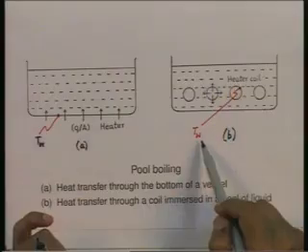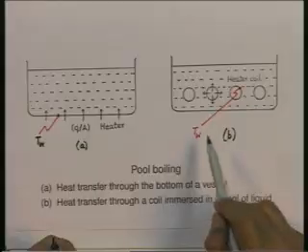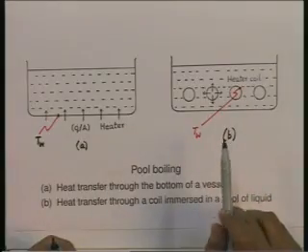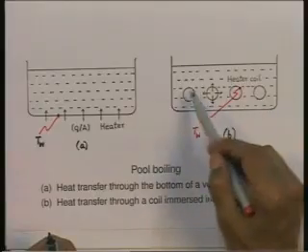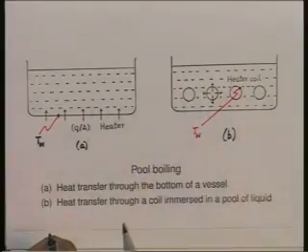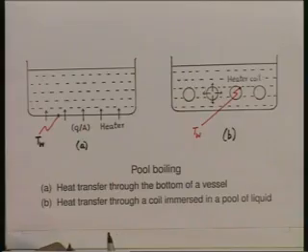Now, if T w is greater than T s, that is what we have said earlier. If T w is greater than T s, then it is usual for a part of this liquid which is surrounding this heated surface, either here or here, to change phase. That means, to go into the vapor form, and we call this boiling.